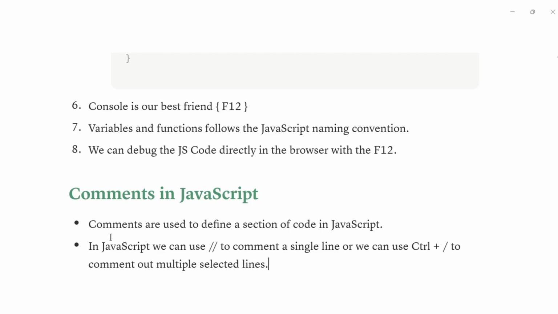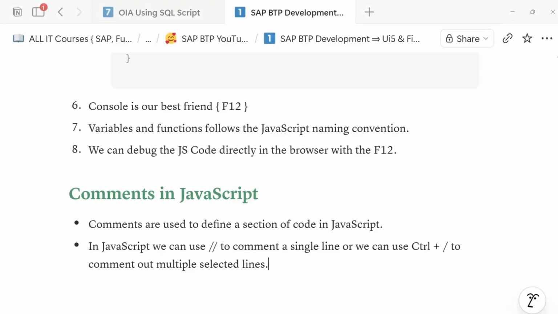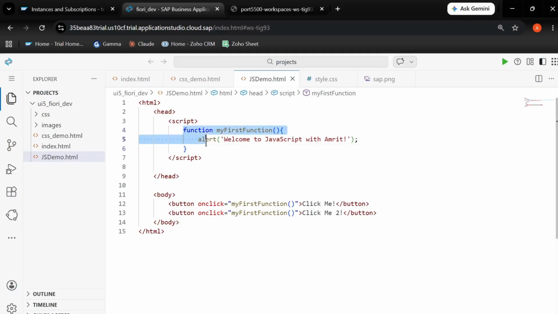So if I select and press control plus slash, this will be commented out directly.